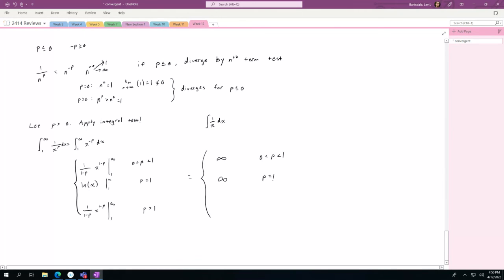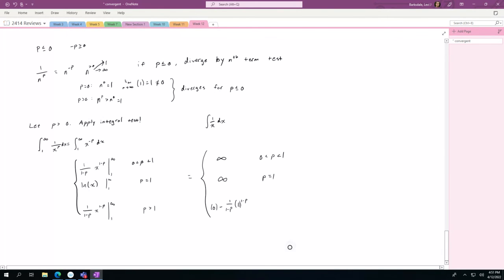The last case, though, we have x to the 1 minus p where p is larger than 1. So 1 minus p should be smaller than 0, so we have x to a negative exponent. And when you have a negative exponent, that's like 1 over x to a positive exponent. So 1 over infinity to a positive exponent, that's going to go to 0, right? So we have 0 minus 1 over 1 minus p times 1 to the 1 minus p.